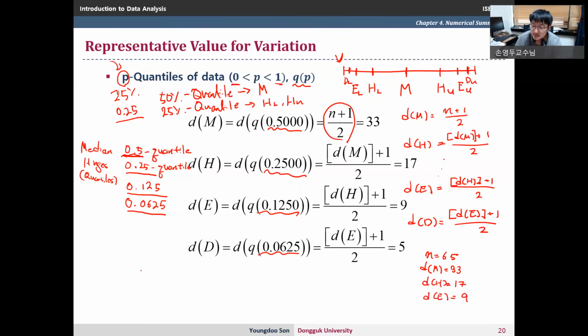It means that the ninth data points from the minimum and maximum are the EL and EU respectively. And finally, dD is, if we put 9 here, 5, so the fifth points from the minimum and maximum are the DL and DU.